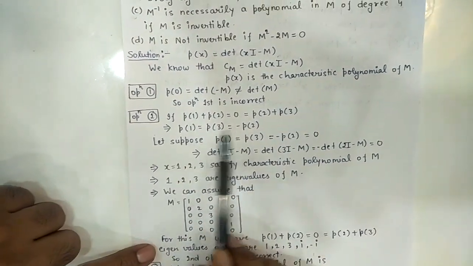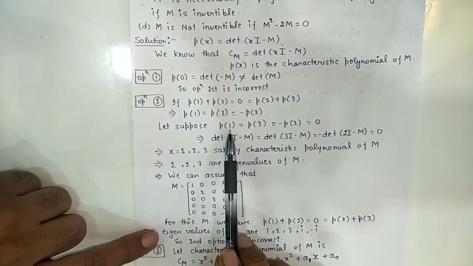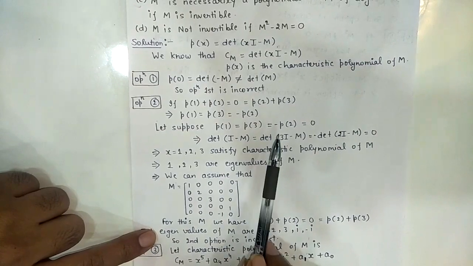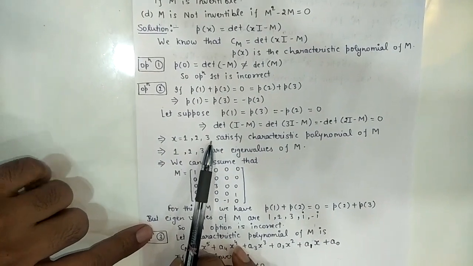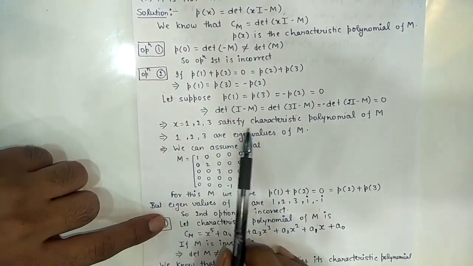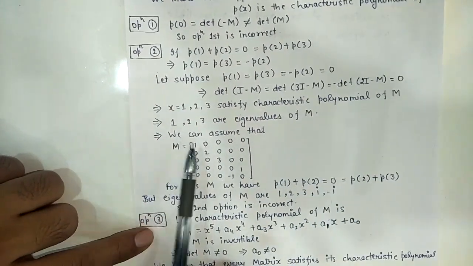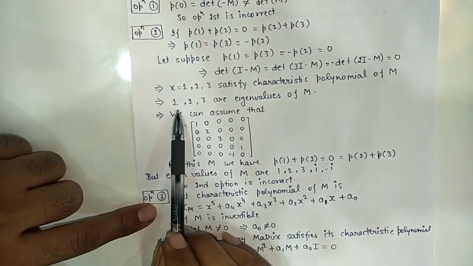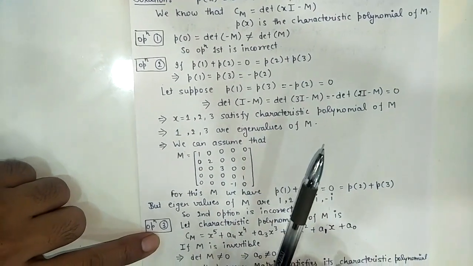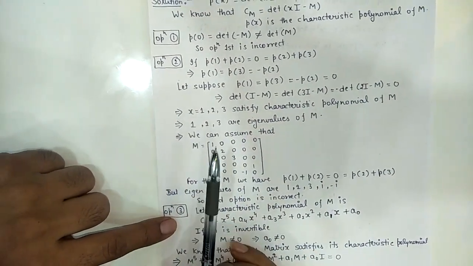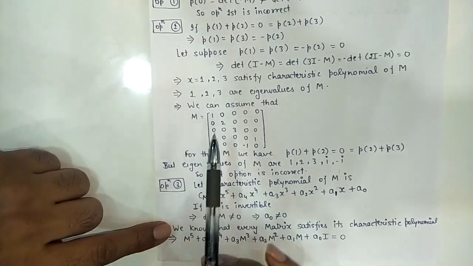So we suppose that P(1), P(3) and negative of P(2) are equal to 0. Means P(1) is equal to 0, P(2) equal to 0 and P(3) equal to 0. This implies that 1, 2 and 3 are the eigenvalues of M because these values satisfy the characteristic polynomial of M. So we construct a matrix M such that M has eigenvalues 1, 2 and 3.